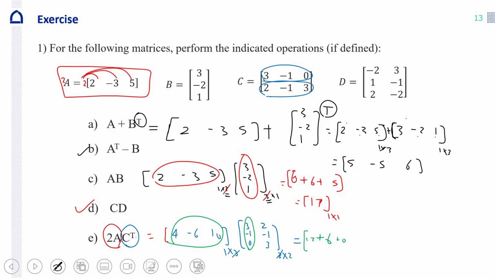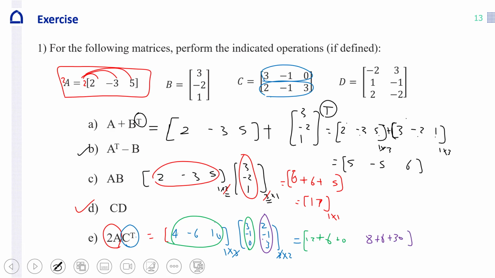I go for the second column. I take this one with the second one. 4 times 2, it will be 8. So I will be in the second column because I'm multiplying by the second column here. Minus 6 by 1 by minus 1 plus 6. 10 times 3 is 30.